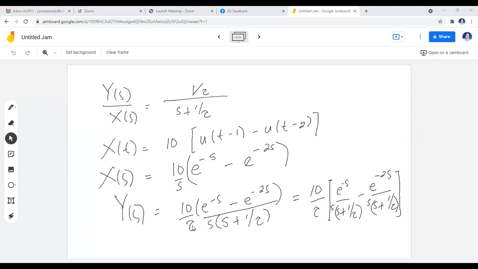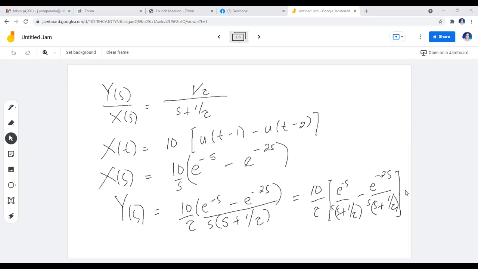And so you could see that we'll be dealing with the same function of s when inverted. We factored out the constant 10 over tau, and these are the rational expressions resulting. So you can see that the denominator is the same for both, and that's the product of s and the quantity s plus 1 over tau.